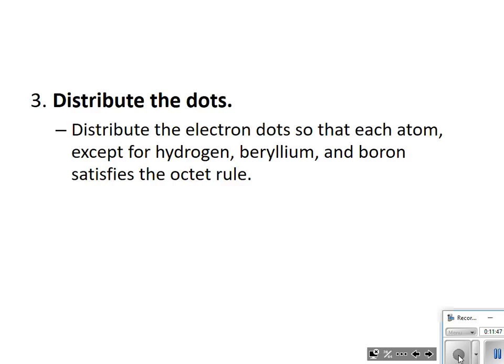We know that hydrogen's the easiest one to look at because it achieves its stability with only 2 electrons. Okay, that fills up its full outermost shell. So those are going to be a little bit different because they don't satisfy the octet rule. But we distribute the dots around the atoms so that the octet rule is obeyed.